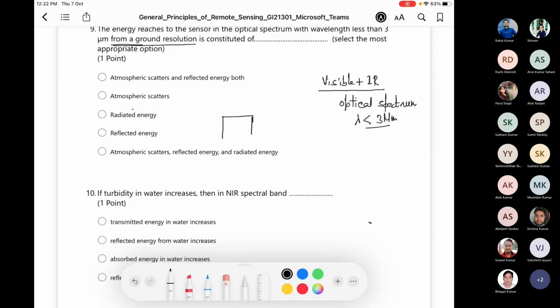So we have a ground resolution cell over here, and the sun. At a different point, there is incident energy. Somewhere here we have a sensor on board a satellite.